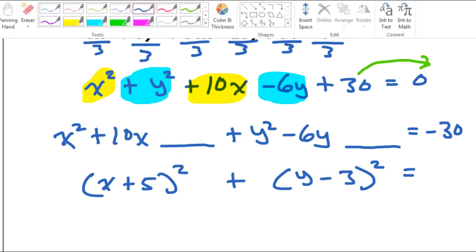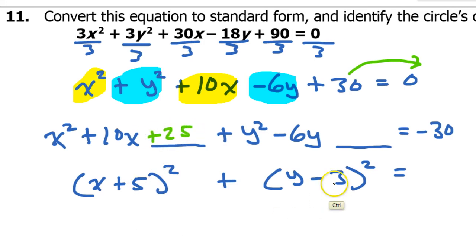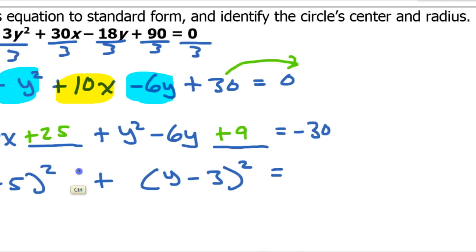Okay, now as far as filling in the blank, I square this and I get 25. So 25 goes here in the blank. I square negative 3 and I get positive 9. All right, remember, a negative times a negative is a positive, so this will be positive 9. Now I need to be careful to add both of those numbers to the right-hand side as well.